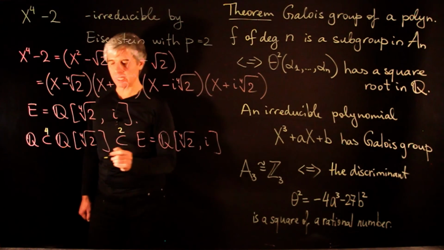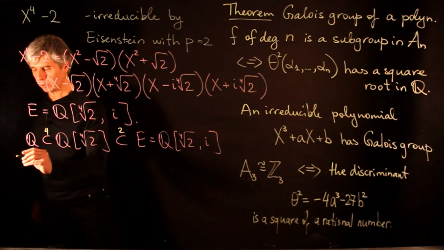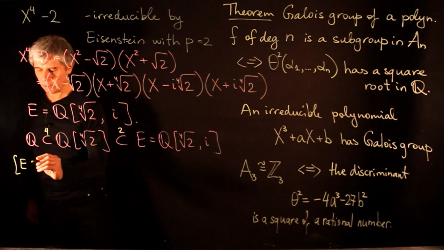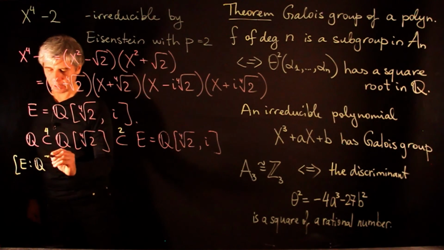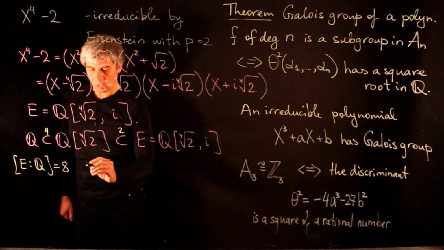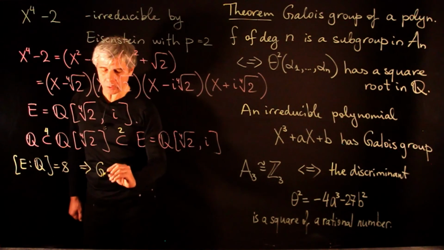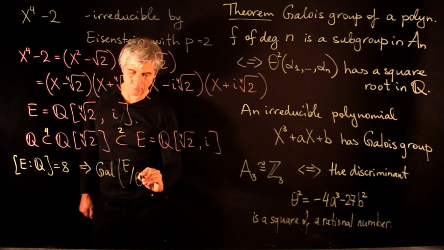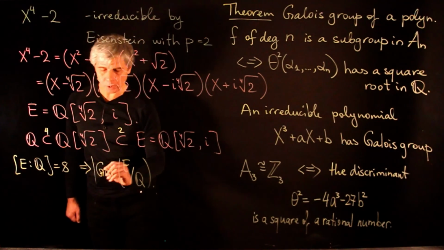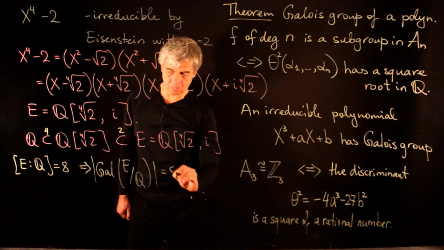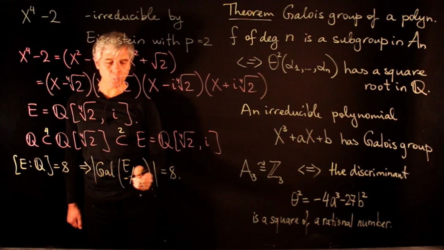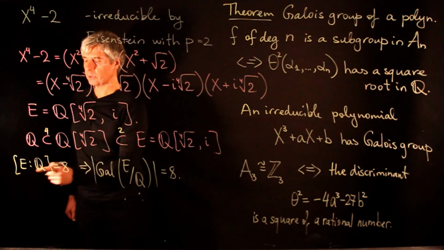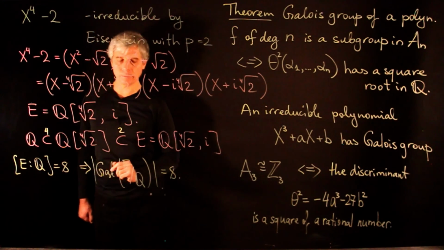And by multiplicativity of degree, we conclude the degree of E over Q is equal to 8, which tells us that the Galois group of E over Q has order 8, because the order of the Galois group is equal to the degree of the Galois extension.